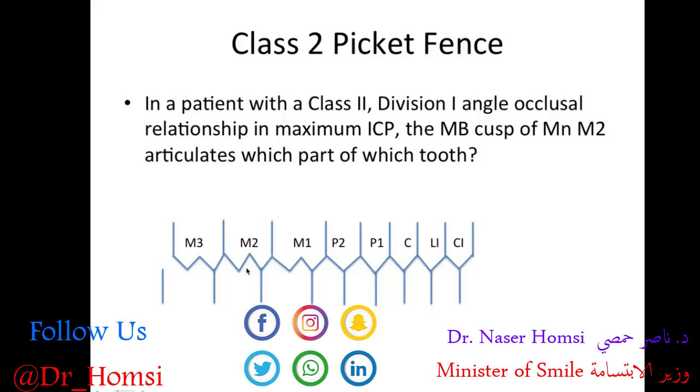Now let's go to the next slide. Alright, so if we find the second molar and then the mesial-buccal cusp, it's going to be articulating with the central fossa of the maxillary second molar. So you see, those aren't too bad. Those are a little harder to visualize, and so that's where the picket fence really comes in handy.